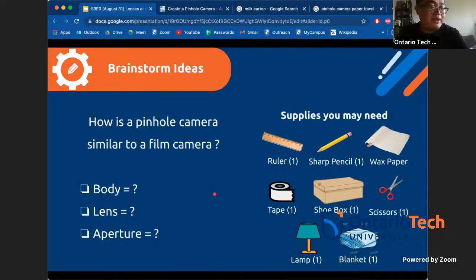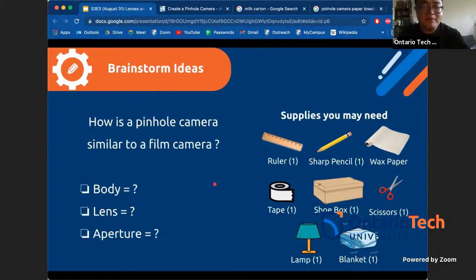Does everyone have their materials ready? And yes, Ethan, Jason, film cameras are like pinhole cameras, but with bigger holes and lenses. That is correct. Pinhole cameras use a very tiny hole in order to get the image that you want.